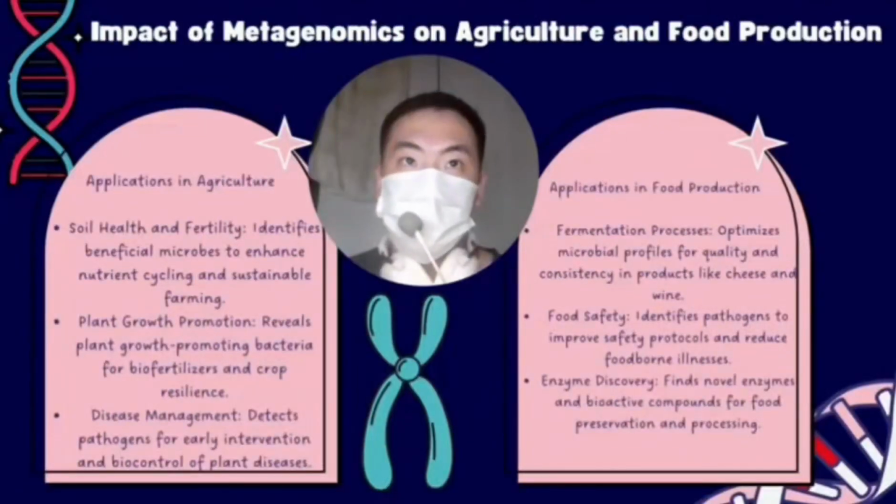Let's talk about these applications in agriculture and food production. Microbial metagenomics has revolutionized agriculture and food production by harnessing the power of microbial communities. In agriculture, it improves soil health by identifying beneficial microorganisms to improve nutrient cycling, paving the way for less reliance on chemical fertilizers and sustainable agriculture.